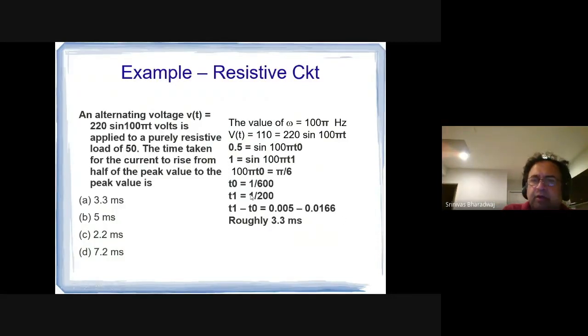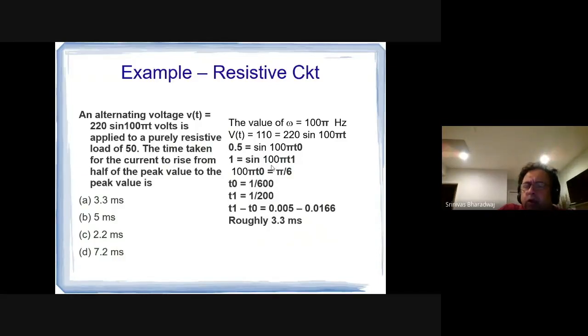If you put 0.5 equals sine 100 pi t naught, and 1 equals sine 100 pi t1, then you end up with 100 pi t naught equals pi by 6. Pi by 6 is 30 degrees, right? And 100 pi t1 is pi by 2.